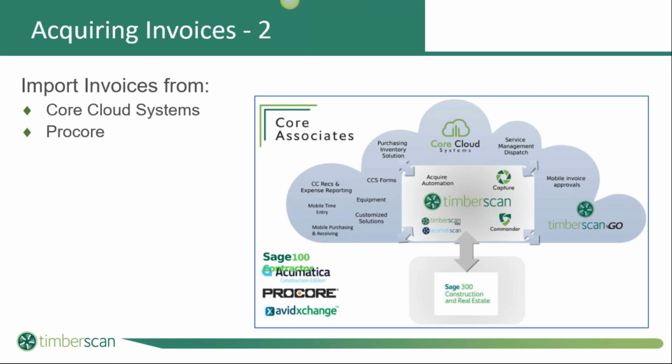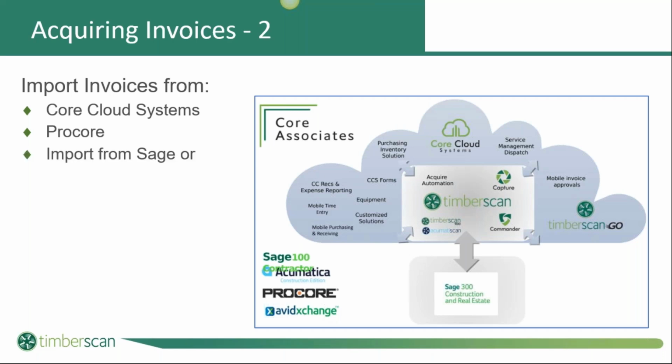If you're a Procore user, you can now take those AIA-based invoices created in Procore and automatically bring them into TimberScan for approval and or final review, then export them over to Sage. Like our CCS product line, there is a separate charge for this integration.